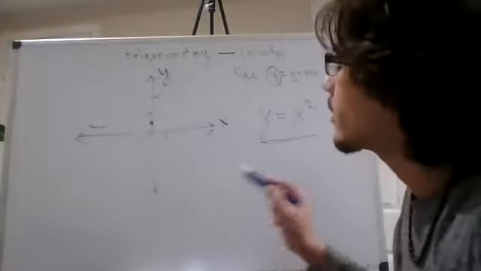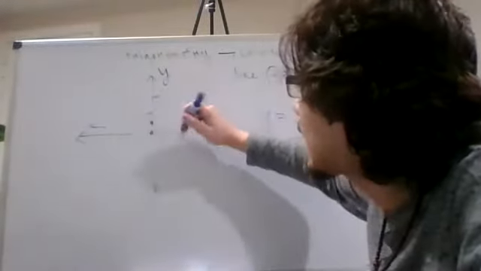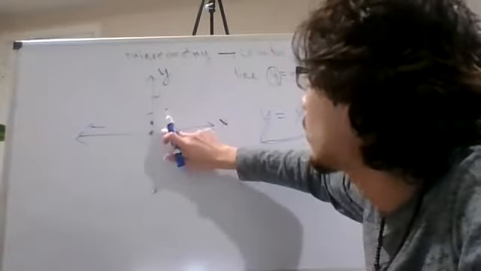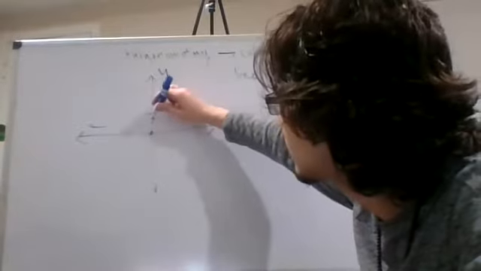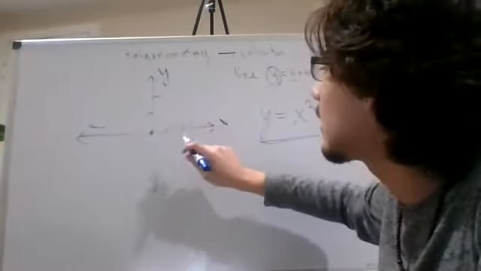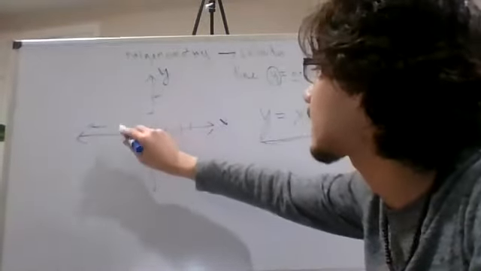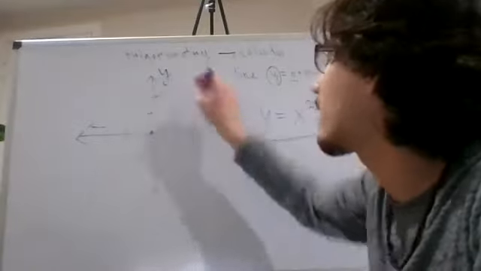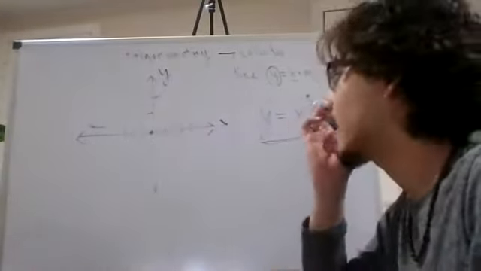Because what you want to do is have 1 at the origin, so you know where the center is, the y-intercept. And then you want about 2 or 3 on each side of the y-axis. You want some negative x values and some positive x values.